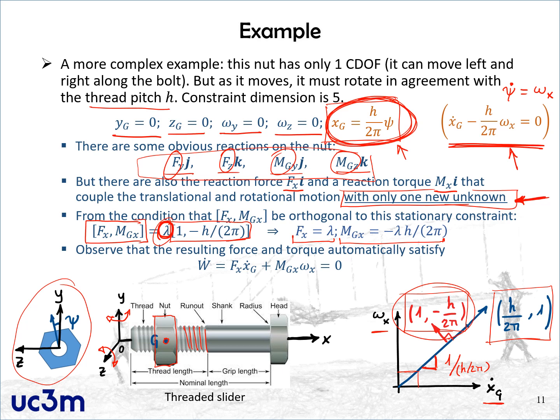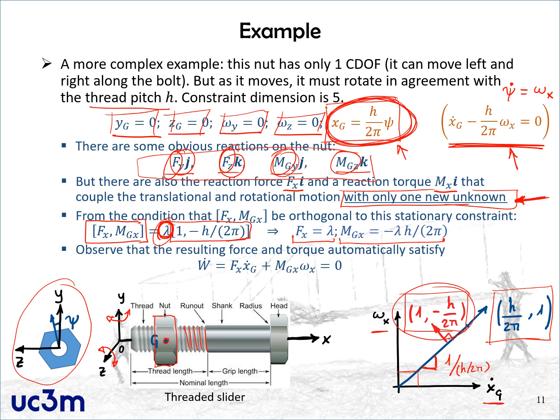Importantly, observe that since this is also a stationary constraint, the work associated to it is equal to 0. In fact, if we represent the power associated to each of these constraint equations, they are 0 independently. Because you have the force Fy multiplied by the velocity in the direction y, which is 0.